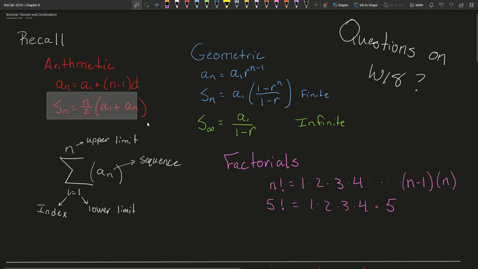In order to sum a finite arithmetic sequence, or the nth partial sum, you take the number of terms you are adding together, divide that by 2, and then multiply that by the first term plus the nth term.